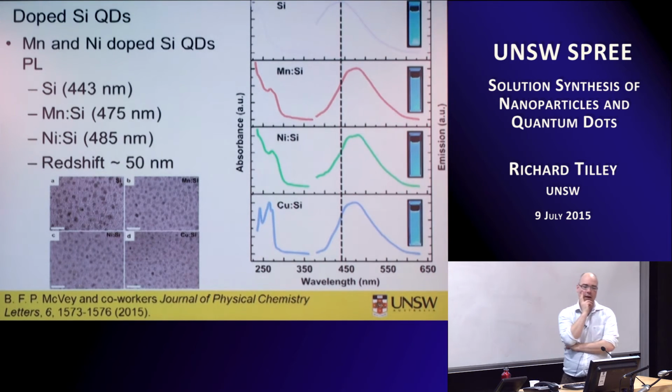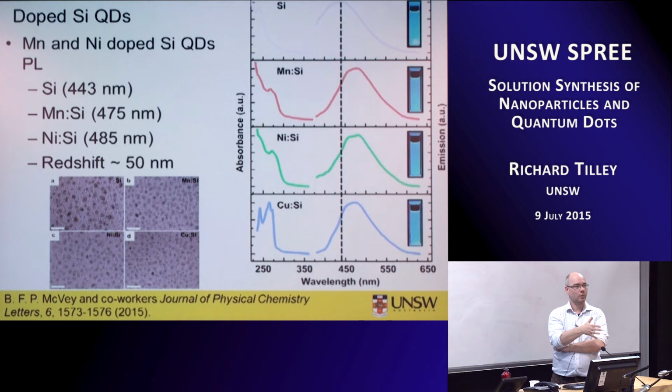And essentially what we found was that we could shift the emission a little bit. If we put in these different transition metals, the manganese, the nickel and the copper, we could shift the emission by about 50 nanometers, which is useful, but maybe of limited use for biological applications, where you're always looking for dots that will be emitting in the red region or the yellow region, which is the region best for transparency through the skin.